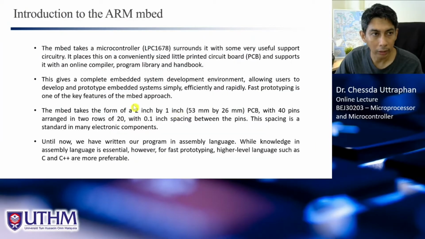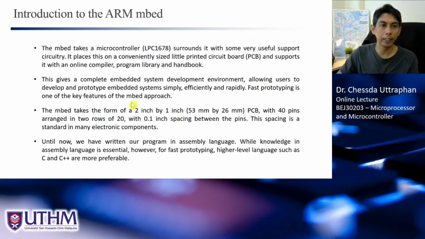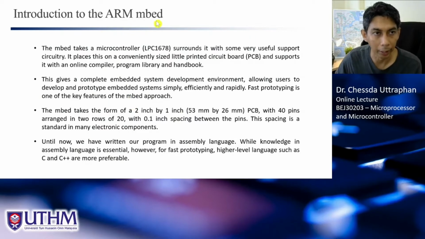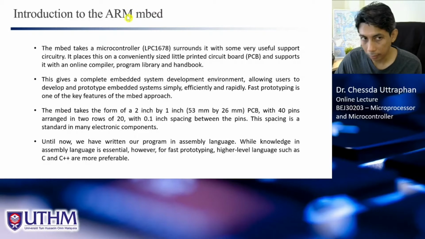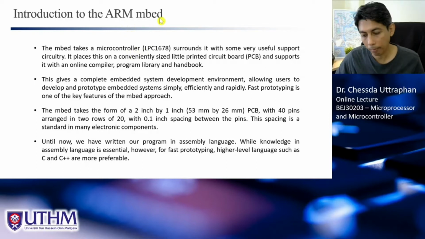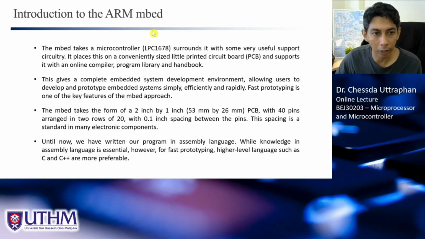So one of them is the ARM mbed, or what we call the API, application programming interface. The ARM mbed is the programming interface that helps the programmer to develop the application faster by using the library that is provided by the mbed.